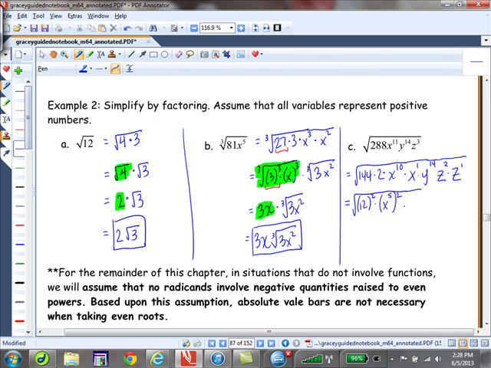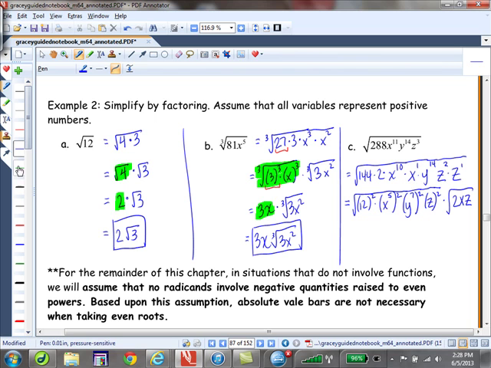And then we'll have y to the 14th, so that'd be y to the 7th squared, because 7 times 2 is 14. I have the z being squared. And then I'll have this other radical with the leftover stuff that can't be raised to the second power. So that is the 2 from up here, x to the 1, which is x, z to the 1, which is z.